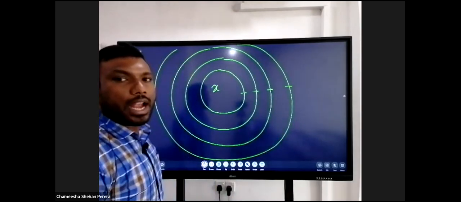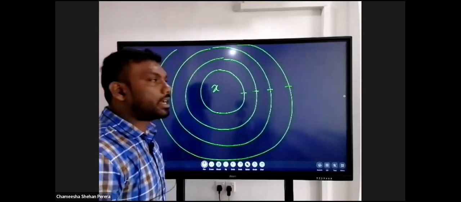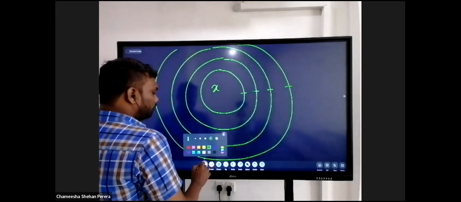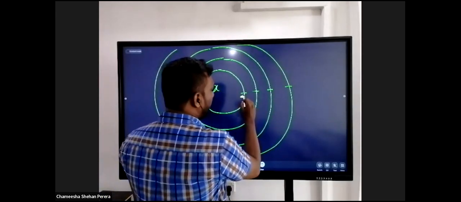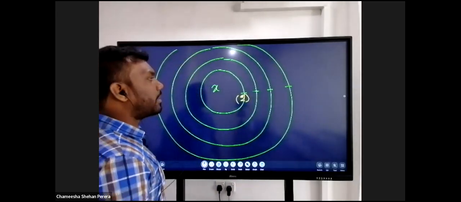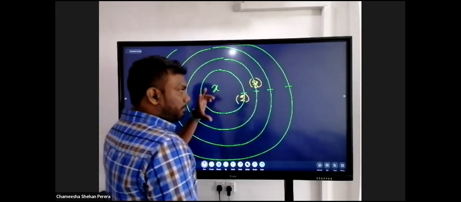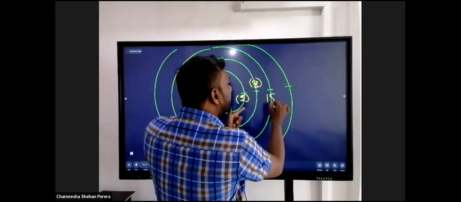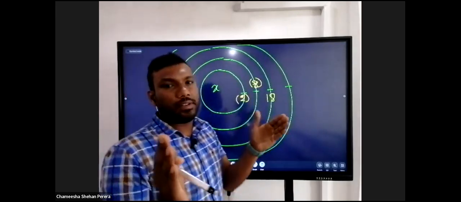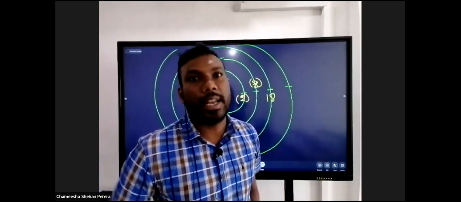If you can remember, each of these energy levels has a maximum number of electrons that can be occupied in them. The first energy level takes a maximum of 2 electrons, and the second energy level can take 8 electrons. The third energy level can actually hold 18 electrons, but we only write the electronic configuration of the first 20 elements.